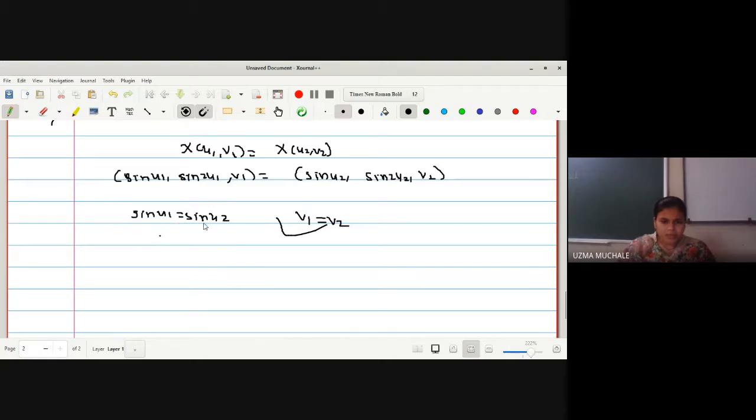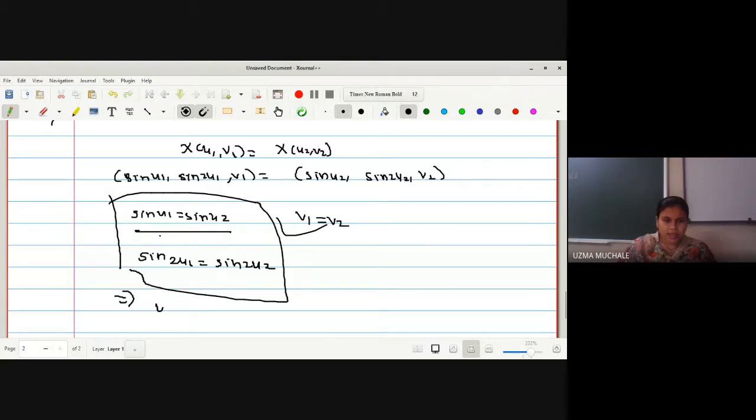Now sin u1 is equal to sin u2. Can you say directly that u1 is equal to u2? Also we have sin 2u1 equal to sin 2u2. From these two conditions, can you say directly that u1 is equal to u2? Hello, is everyone available here?